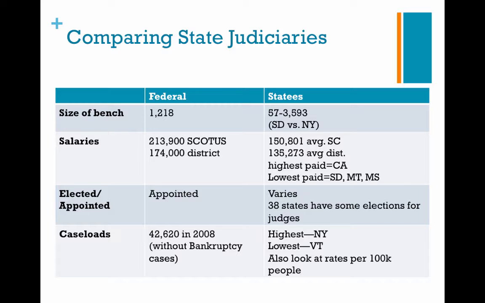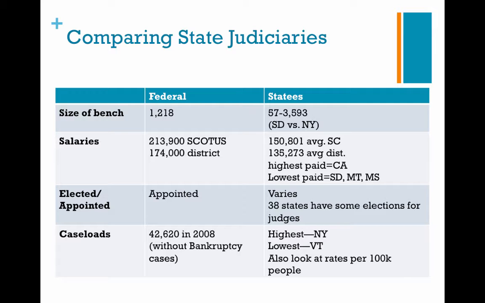And it's really not that much more than what state court judges make. So there's not a huge variation that you can account for some of what they're trying to account for in that reading. So I would argue that the salaries probably isn't the best place to look. But that's the breakdown. And unsurprisingly, a state like California is the highest paid, and states like South Dakota, Mississippi, and Montana are the lowest paid.